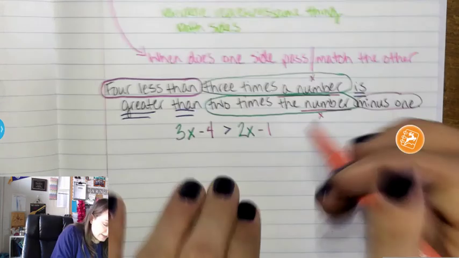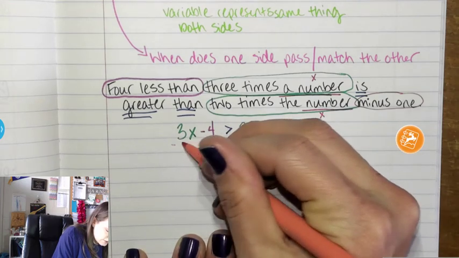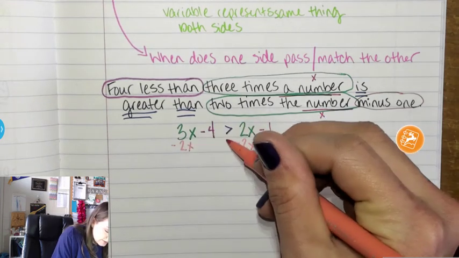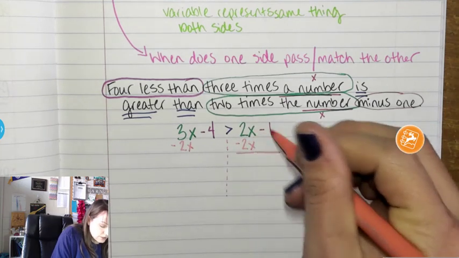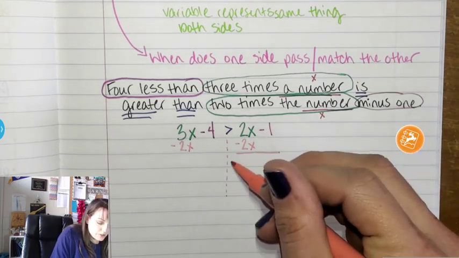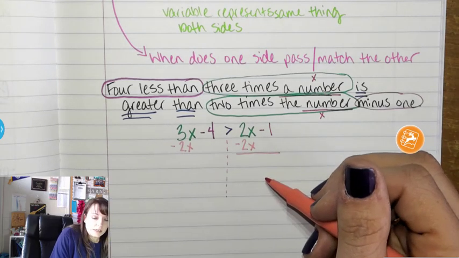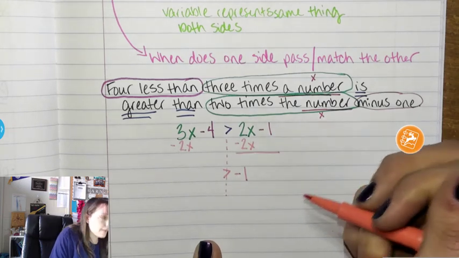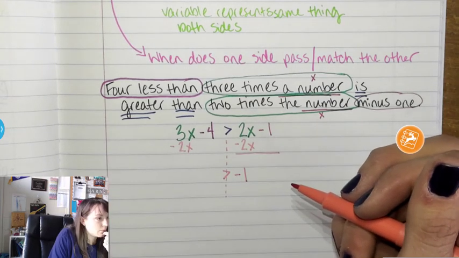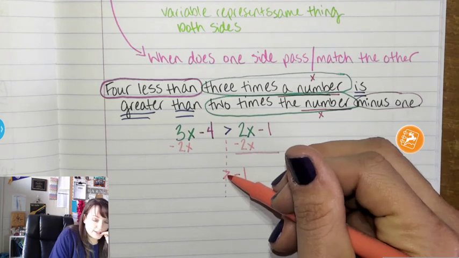So I'm going to minus 2x from here, minus 2x from here. This is my line. So on this side, I'm left with how much? What do I have on the right side? -1. Did I multiply or divide by a negative on both sides? No. So I keep this greater than sign.